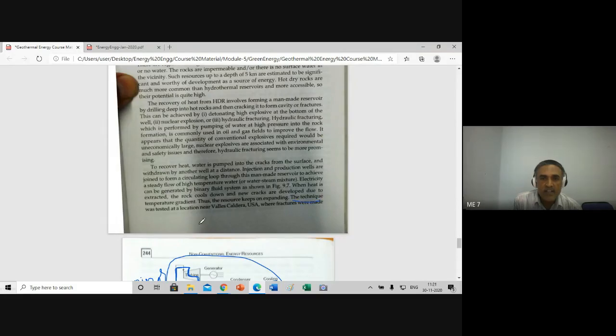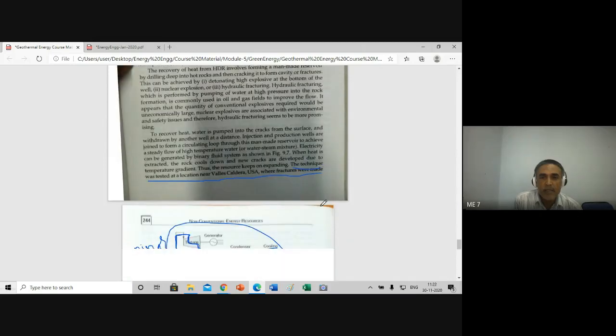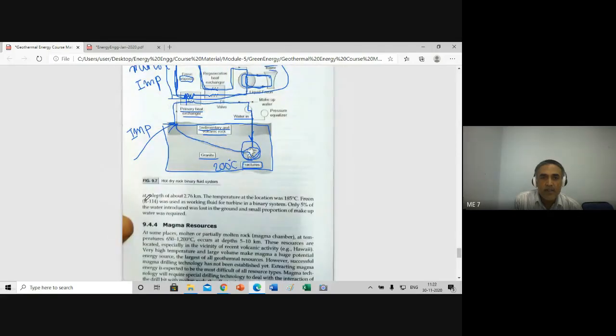The technique was tested at a location near Wales, California, USA, where fractures were made at a depth of about 2.76 kilometers. The temperature at the location was 185 degrees Celsius.